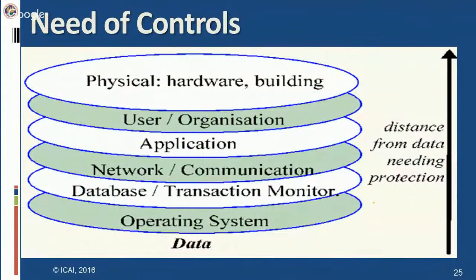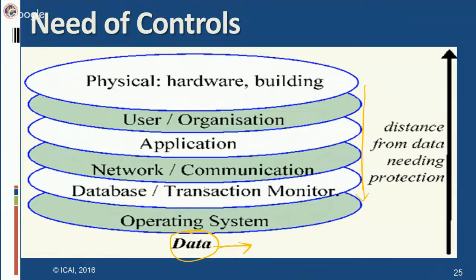So why do we have to have controls? Suppose this is the physical hardware, building, user organization, application, network communication, database, operating system, and data. Data is underlying at this particular point and these many layers are available. So we have to put the controls at each of these layers so that the data is protected in the last.